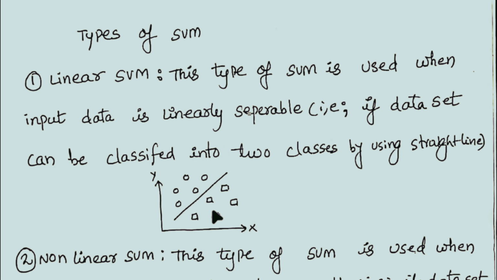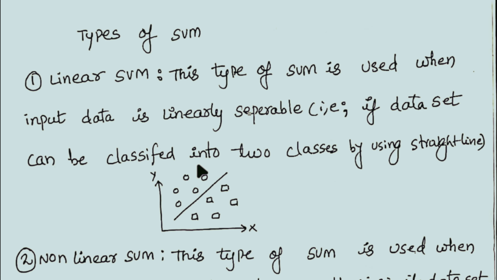So please remember, this is called linear SVM because there are two kinds of data: first one is a circle and second one is a square. So linear SVM means it is used when the data is linearly separable.